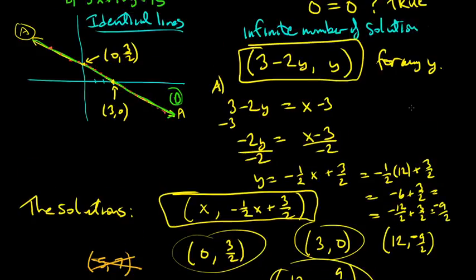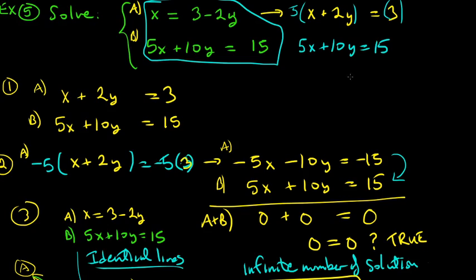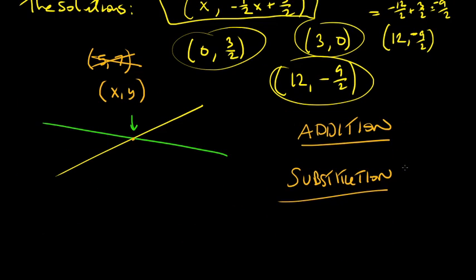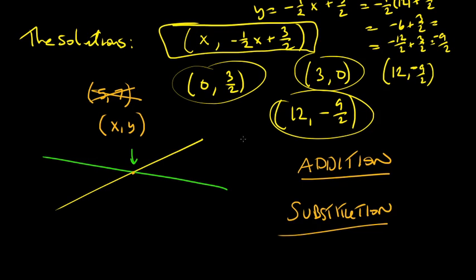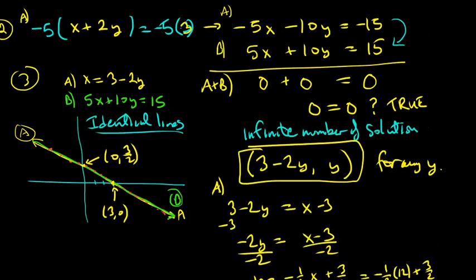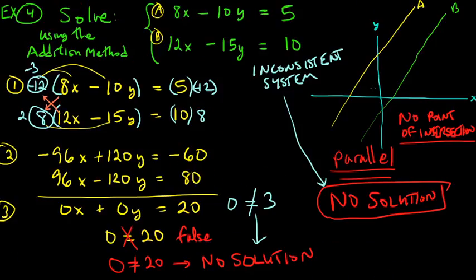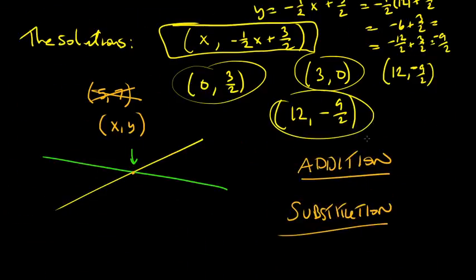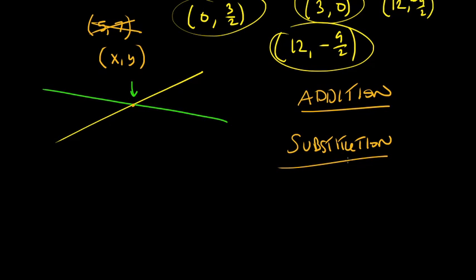And any one of these examples we did, you could have also used the method of substitution, and you would have gotten the same result, the same answer, which is either a unique solution, or infinitely many solutions, or no solution. But you would have gotten the same result no matter which method you chose. So if you want to use the method of substitution, go right ahead, right?